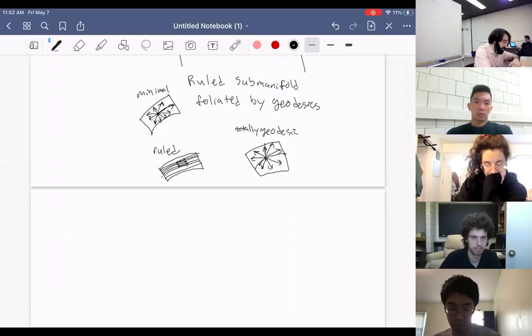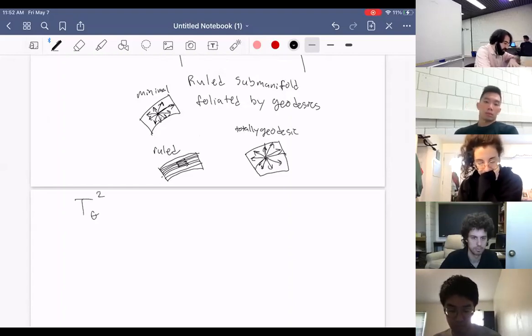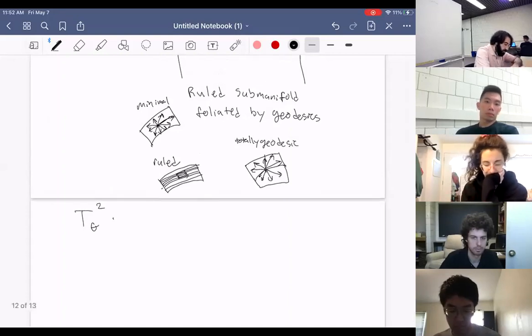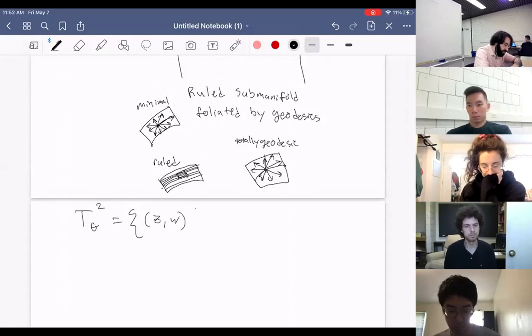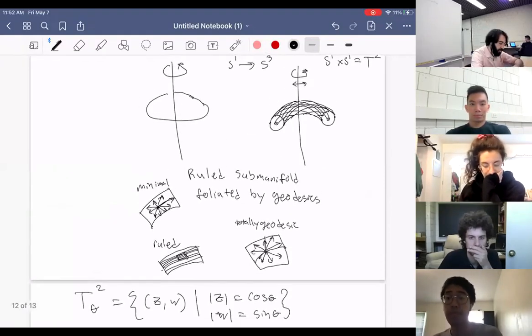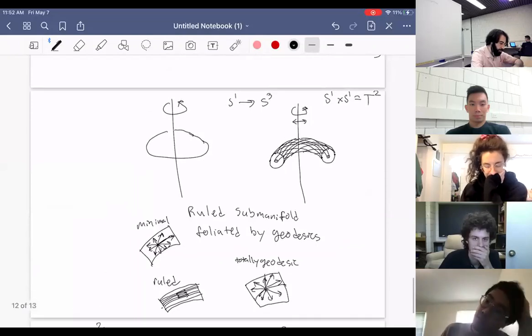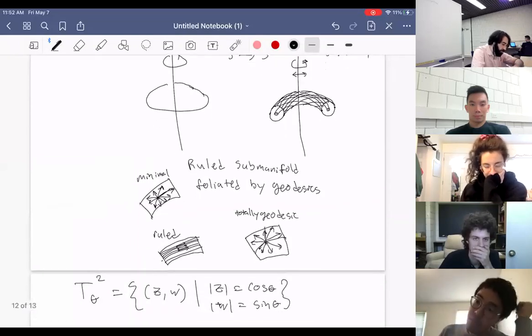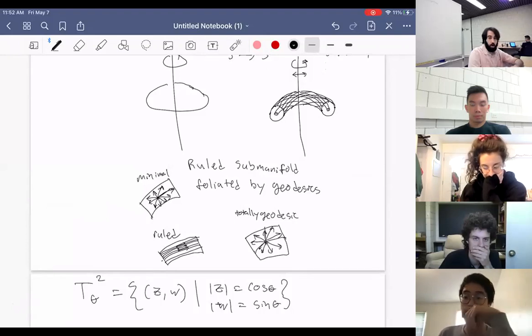Each of these tori, let's say T² theta, is going to be the set of (Z, W) such that the norm of Z is equal to cosine theta and the norm of W is equal to sine theta for a fixed theta. As you can see, when theta is equal to 0 or pi over 2, one of these two terms, Z or W, is always going to be 0, and we get just a single circle.